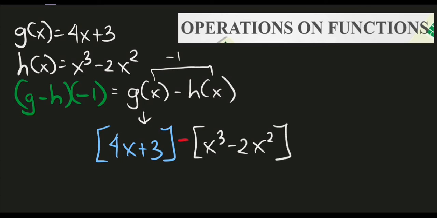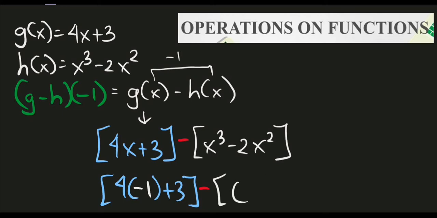After that, since we have this input as negative 1, let's substitute the value of x as negative 1. So therefore it will give us 4 times x, or 4 times negative 1. Okay, so plus 3, and we need to subtract this to, we have x cubed, or negative 1 cubed.